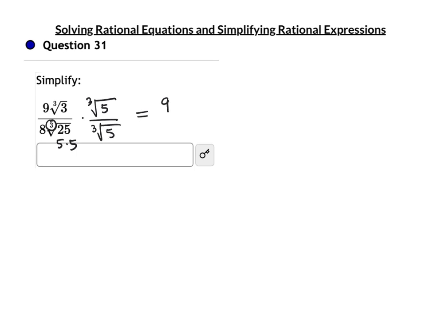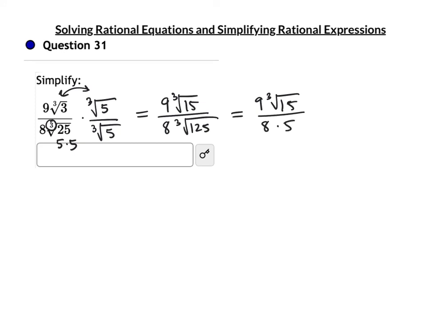This becomes 9, and since these are both cube roots, I can multiply them. 9 times the cube root of 15 over 8 times the cube root of 125. That is 9 times the cube root of 15 over 8 times 5. The cube root of 125 is 5, which is 9 times the cube root of 15 over 40.